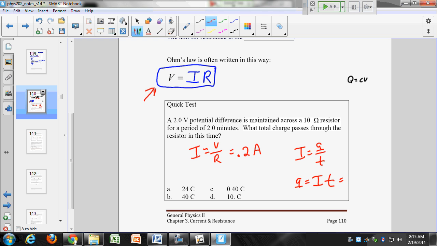Q is IT, that's 0.2 amps times 2 minutes, which is 120 seconds. So if you put C, you probably didn't convert that to minutes. And this is going to be 24 coulombs. All right, 24 coulombs of charge pass in 2 minutes for this sort of typical resistor. Simple circuit.